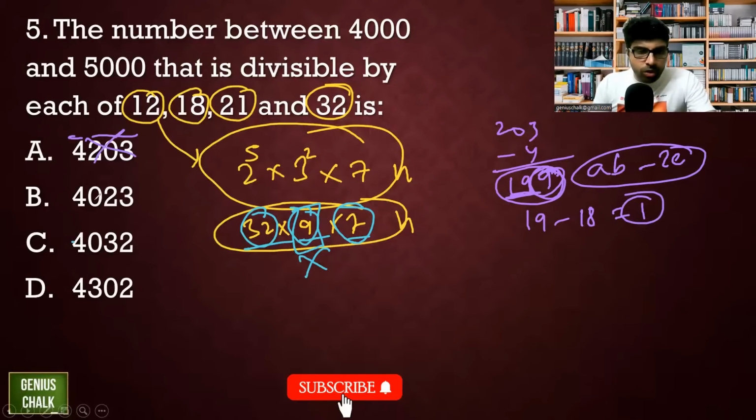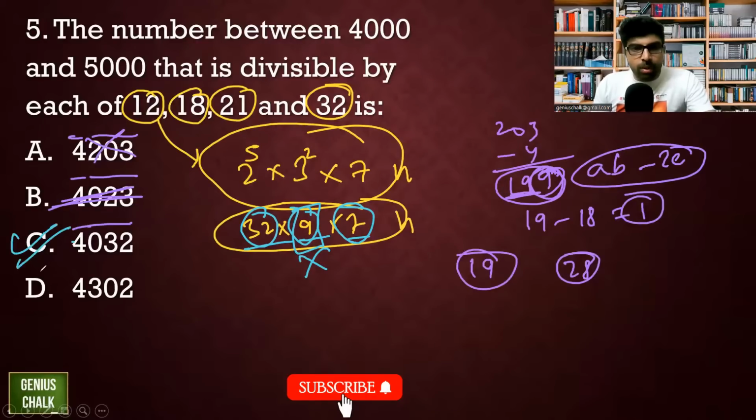If you take 4023 and take its pair, that is 23 minus 4, that is again 19. So 19 is not divisible by 7. So this is not my answer. Afterwards, 4032. So it is 32 and 4. If you subtract, it is 28, and 28 comes in the table of 7. So this has to be my answer.